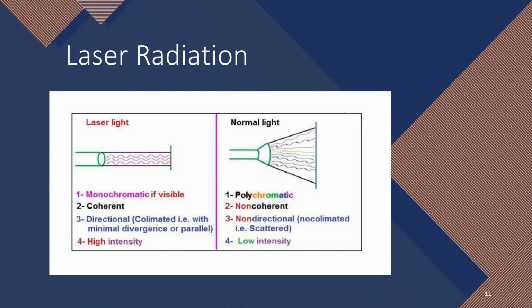But in normal light we see only white light or yellow light. That is the basic difference between them, because normal light is a mixture of 7 colors, so we cannot see any of the individual colors.